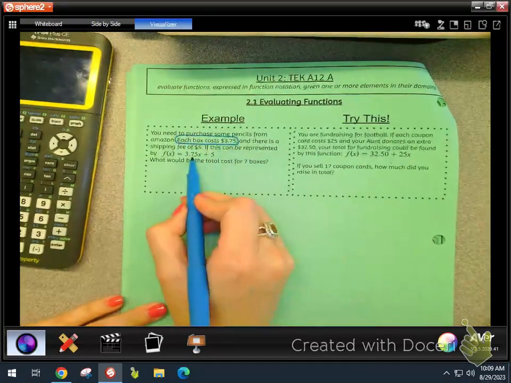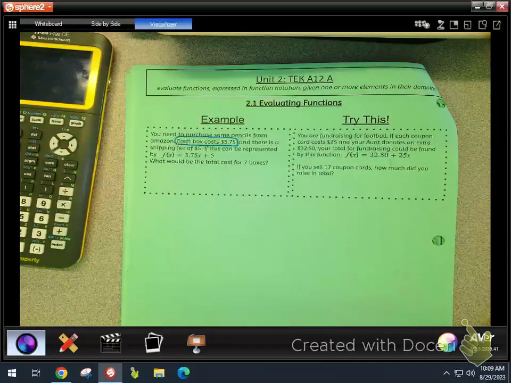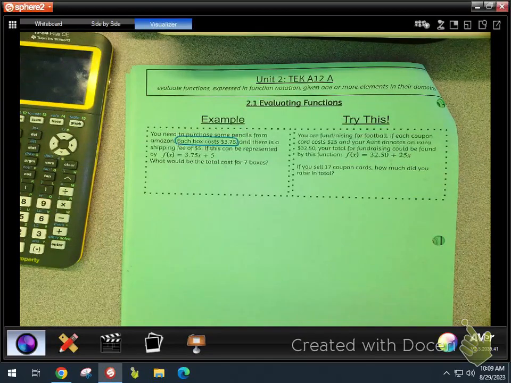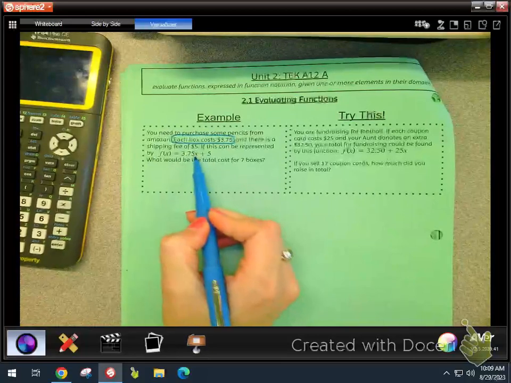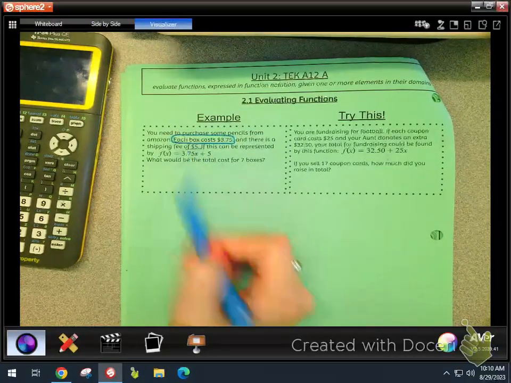A lot of times it will say per, $3.75 per box, that means you have to put a variable by your $3.75, because however many boxes you have, you add in that $3.75 per box. The shipping fee is only done how many times? One time. So there's no variable by 5. So that's how they built that equation. $3.75 per box plus your one-time shipping fee.